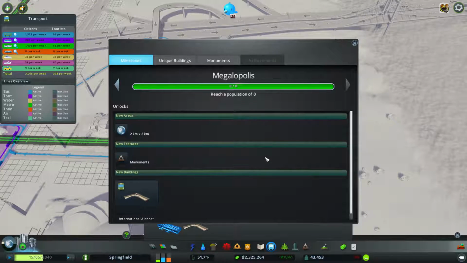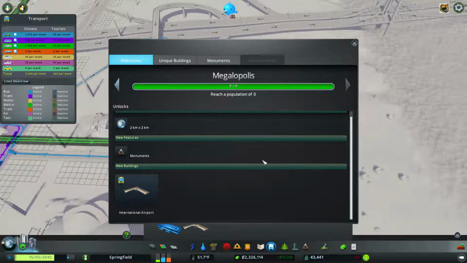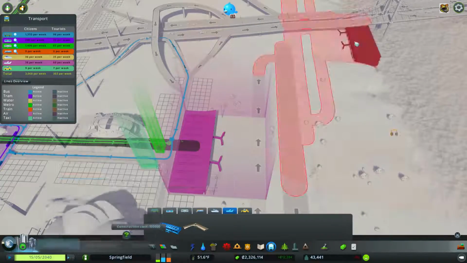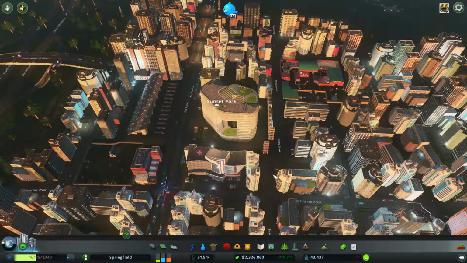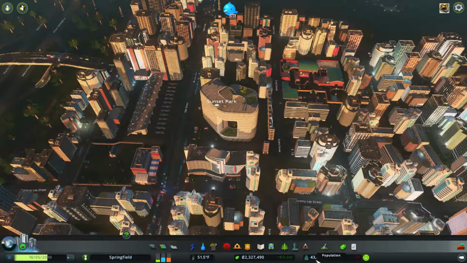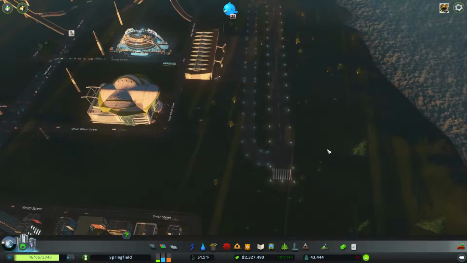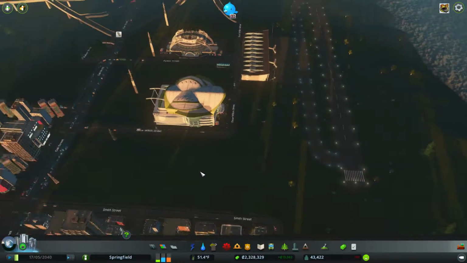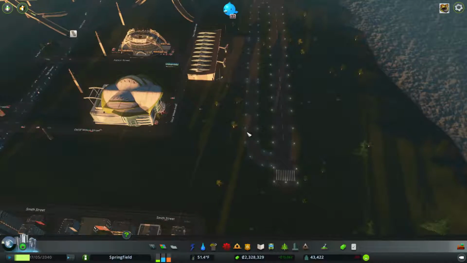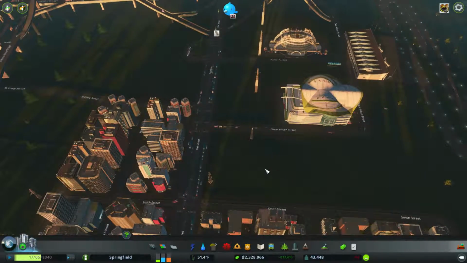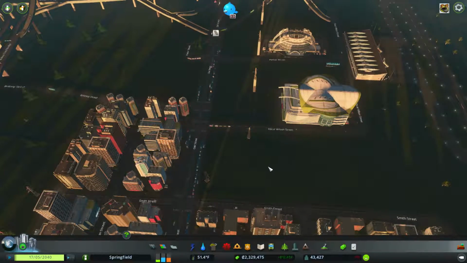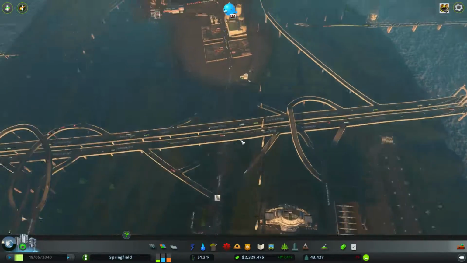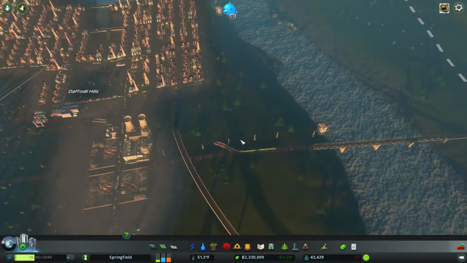So it probably makes sense that it isn't being used a whole lot right now, because for what I've built, I have 43,000, yeah. For what I have built, I don't think an airport would have been necessary. But hey, you know, I like the look of it.